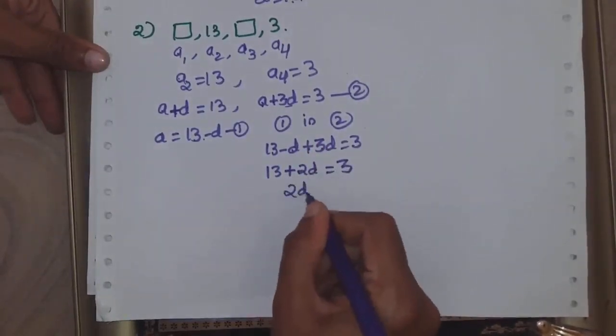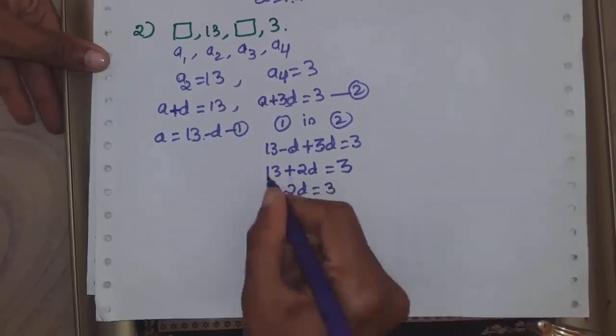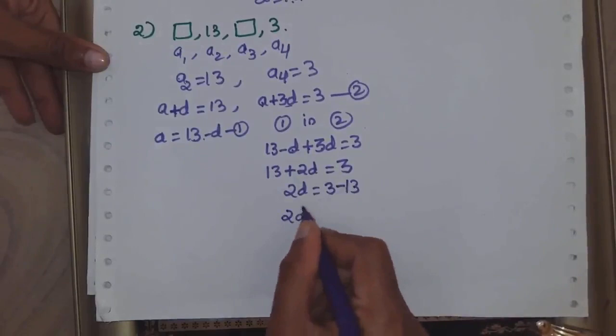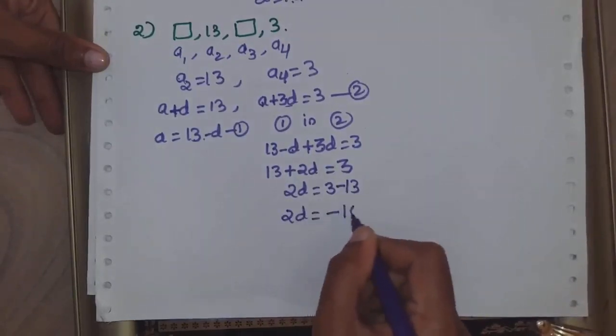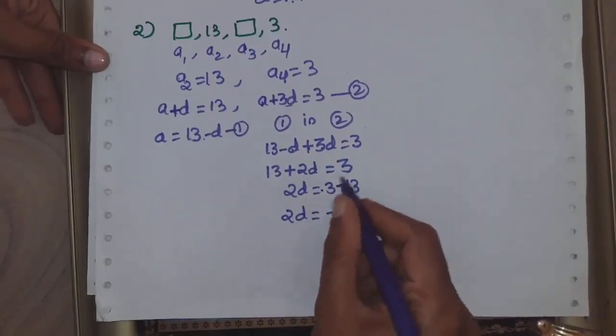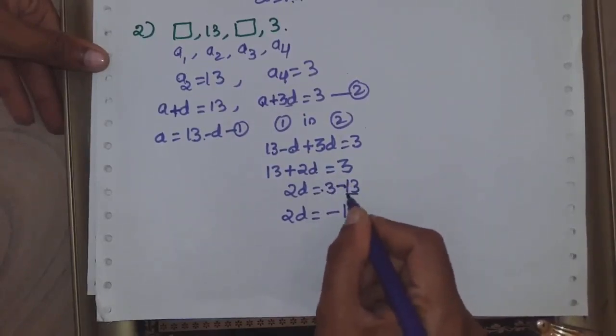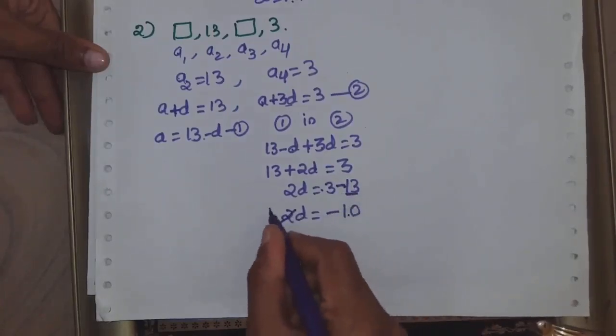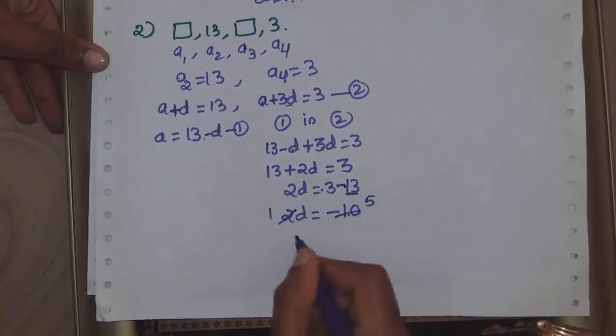Here 2d equals 3, and this plus 13 becomes minus 13. 2d equals minus 10. This is 3 minus 13. Plus minus means we have to subtract: 13 minus 3 is 10. The greater number is 13 and the sign is minus, so minus 10. So this is 2 ones are 2, 2 fives are 10.